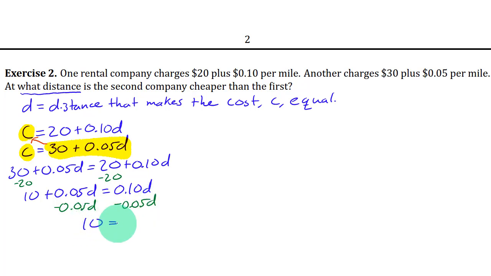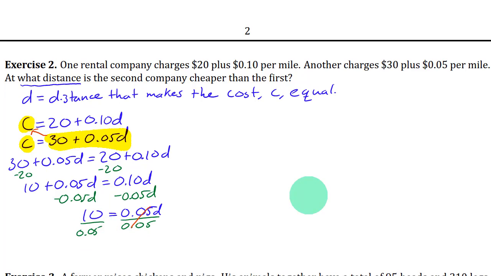And that will give you 10 equals 0.05d. Divide both sides by 0.05 to cancel that out. And this is going to be 200 equals d. So that is the number of miles that makes the costs equal.